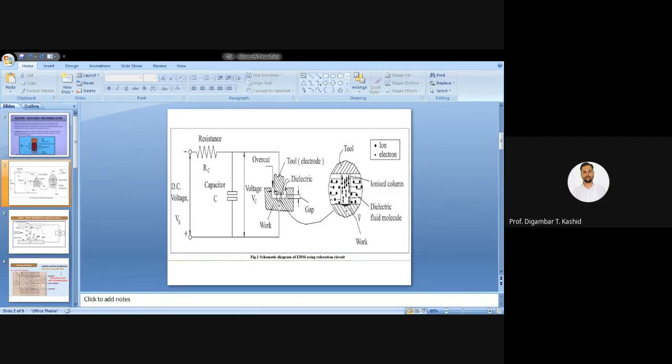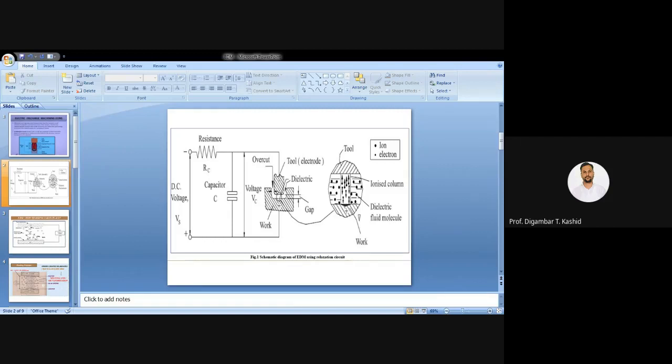So this capacitor in that RC circuit charges, and whatever the charged voltage is, it discharges through the dielectric. The discharging will happen in between your tool and your workpiece.